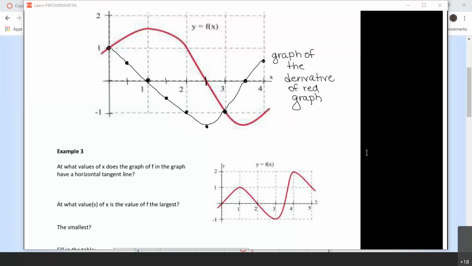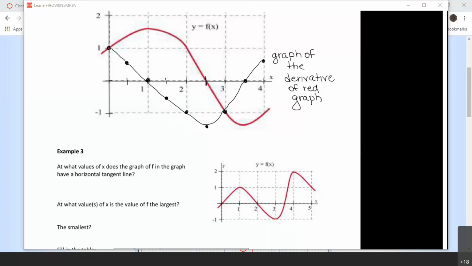Everybody good with that? So this maximum point will give us a derivative of 0. This minimum point will give us a derivative of 0. That's going to be important, so I want to make sure everybody sees that.